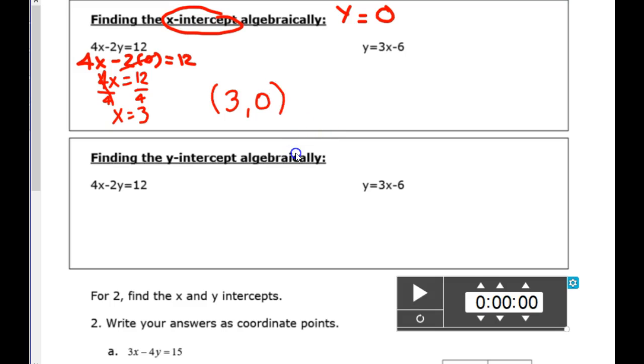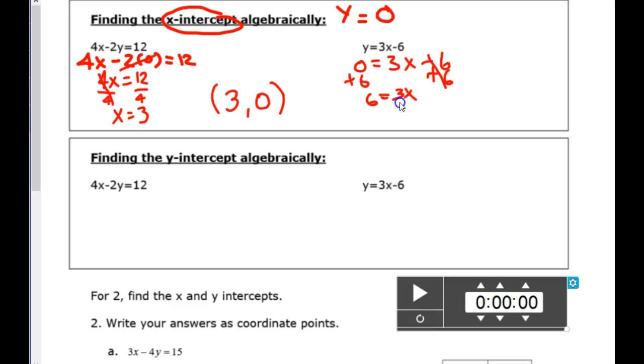Solid. Next one, again, x-intercept, plug in 0 for y. So this is going to be 0 equals 3x minus 6. What shall I do first? Get rid of the loner, minus 6, by doing the opposite, adding 6 to both sides. So I get 6 equals 3x.